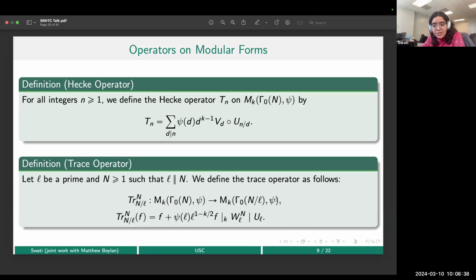So it takes N to N over l, and is given by this form, where W_l^N represents the Atkin-Lehner involution. Something to note is that if I relax this condition and say l squared also divides N, then we have the U operator, which plays a part in level lowering.